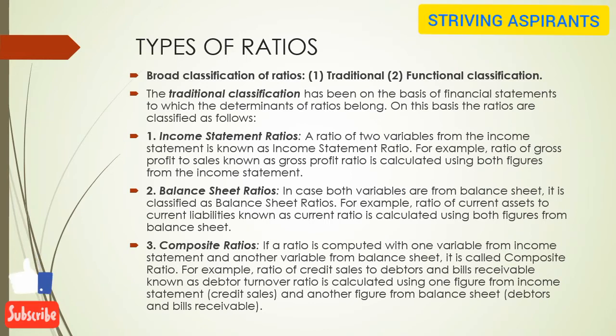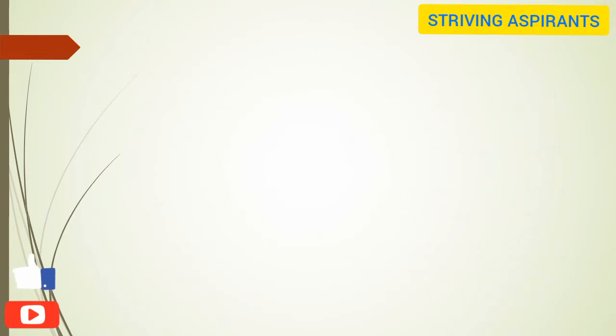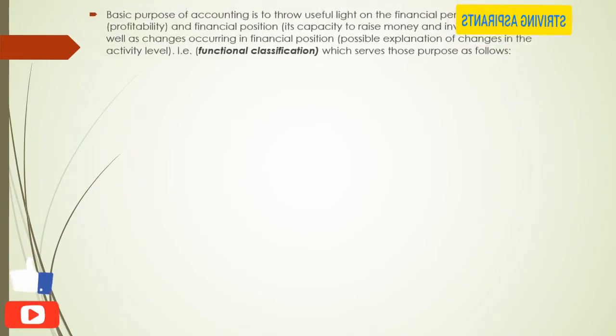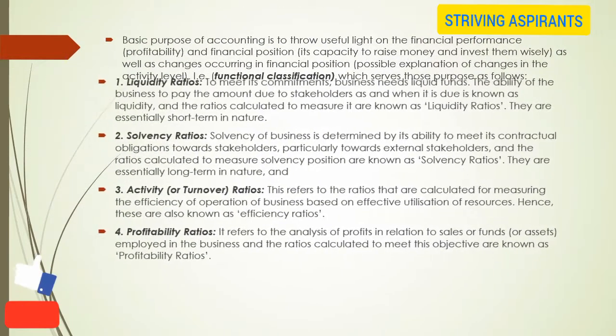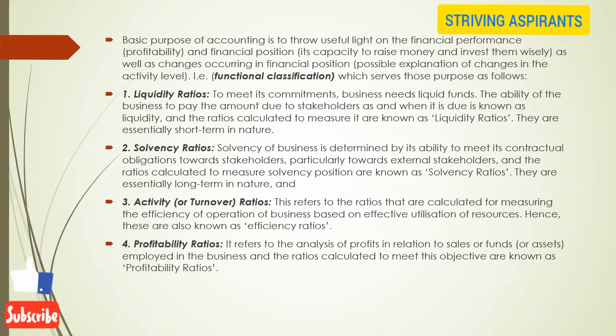Now let us look into the functional classification. First one is liquidity ratio. Liquidity, we can say, is the ability of the business to pay the amount due to stakeholders as and when it is due.